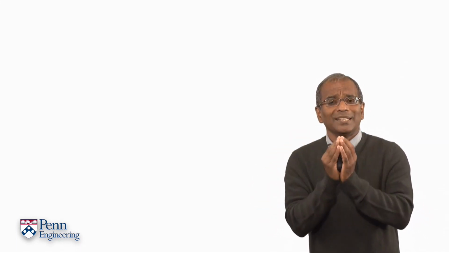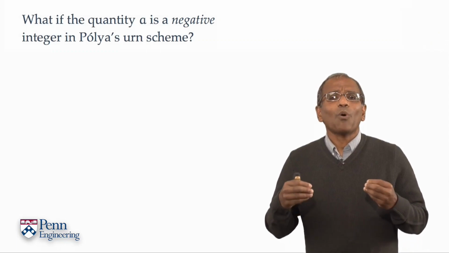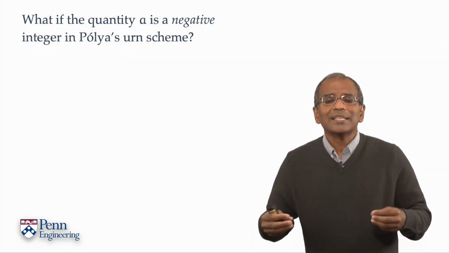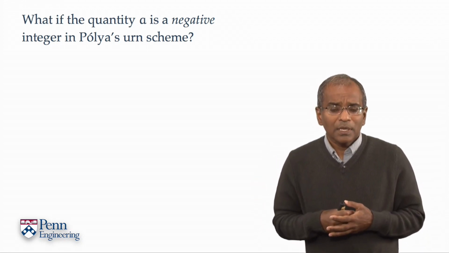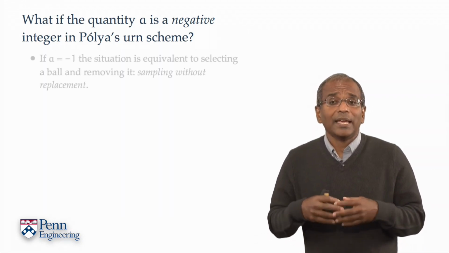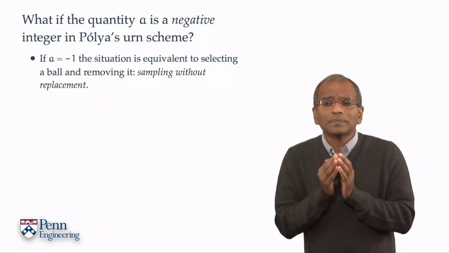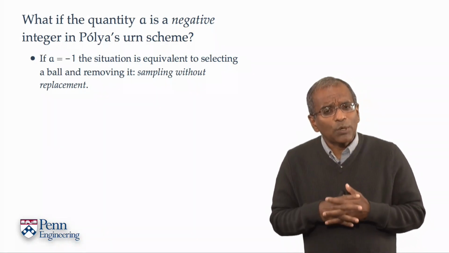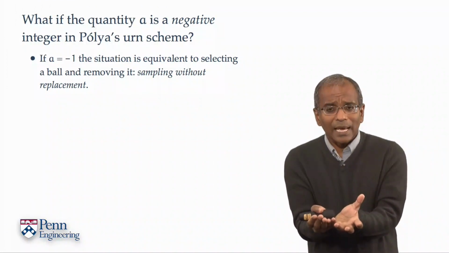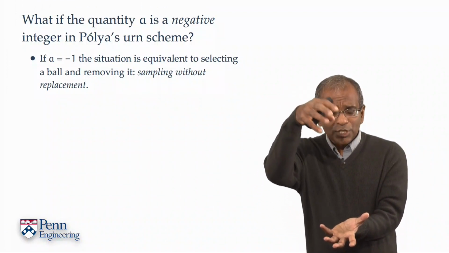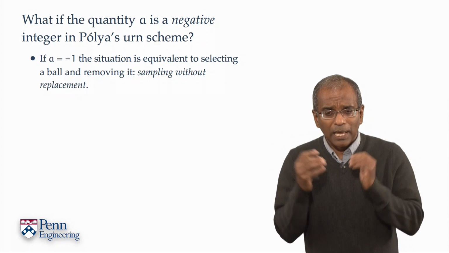So here is the question. What if the quantity A is a negative integer in Pólya's urn scheme? Suppose for definiteness, A is minus 1. What is this equivalent to? Well, in the urn scheme, this says that you start initially with R red balls and S black balls.